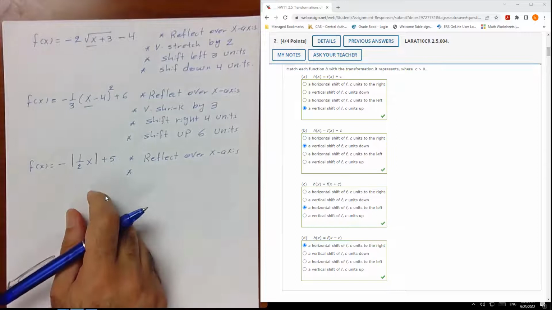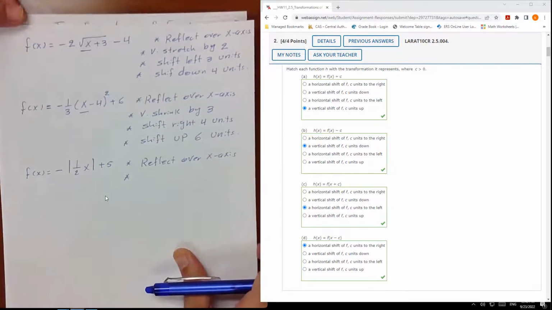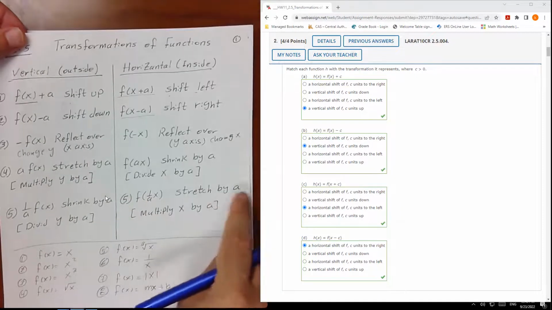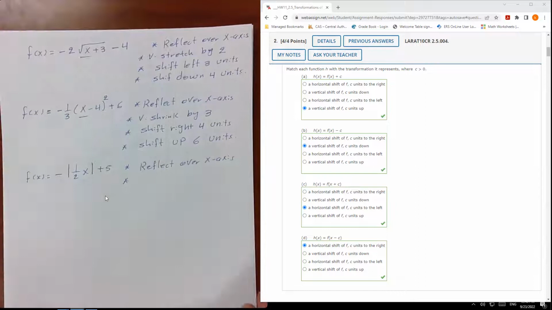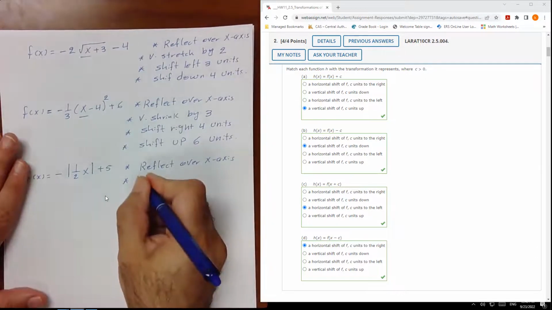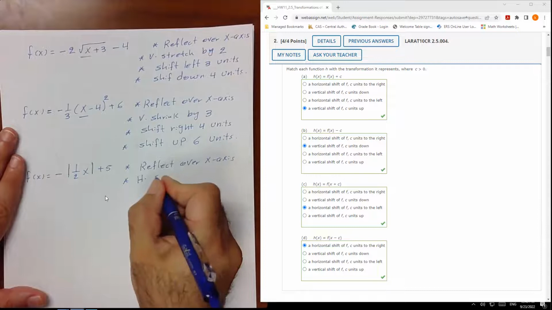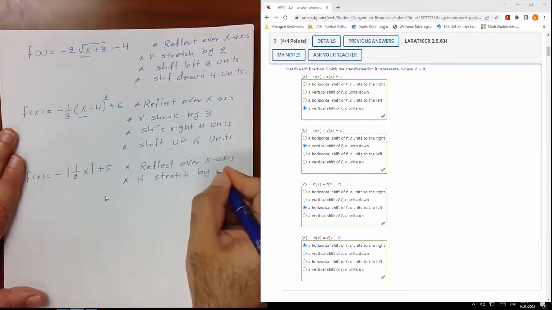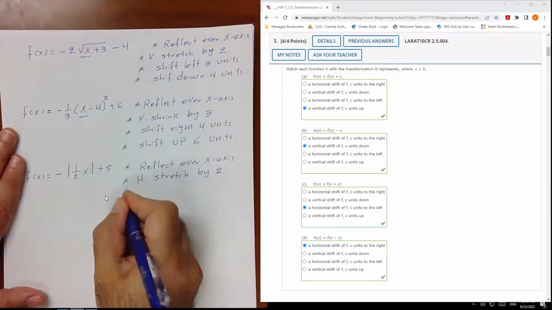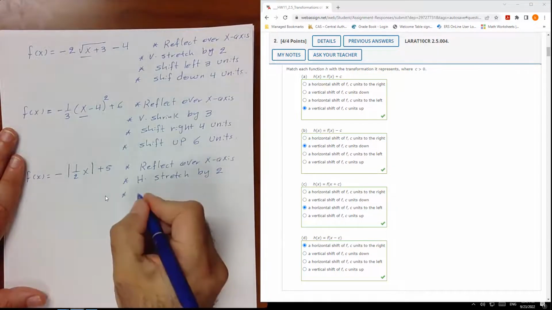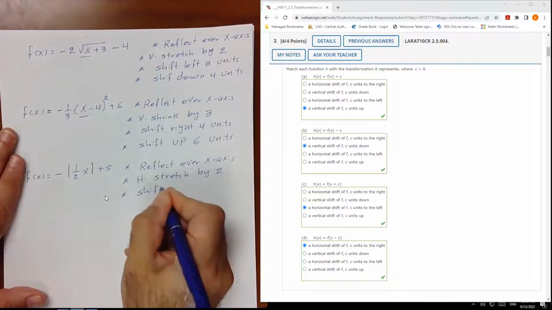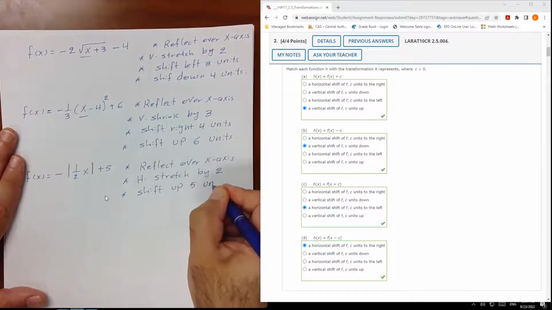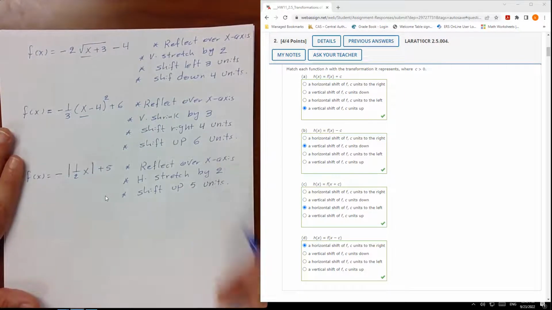If it's 1 over 2, let's go back to this page. So you have to be careful. If it's 1 over 2, inside is stretched by a. It's a horizontal stretch. That means this one is going to be horizontal stretch by 2. Next technique, plus 5, which is outside. So it's going to be shift up 5 units. That's it for this example.